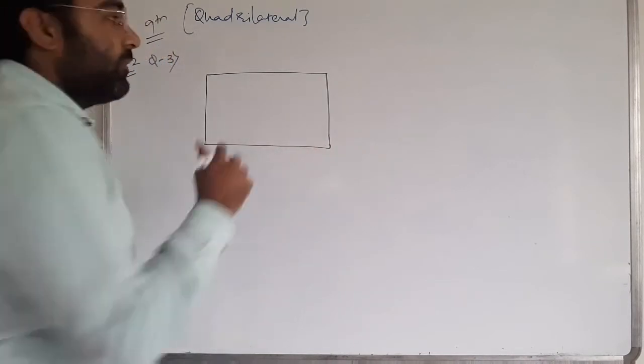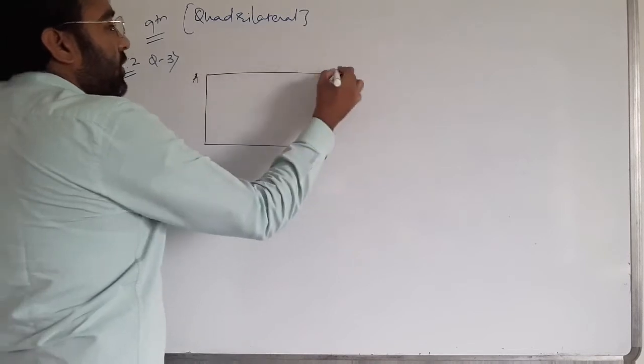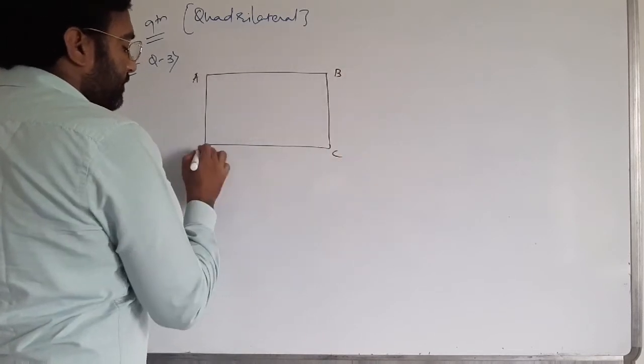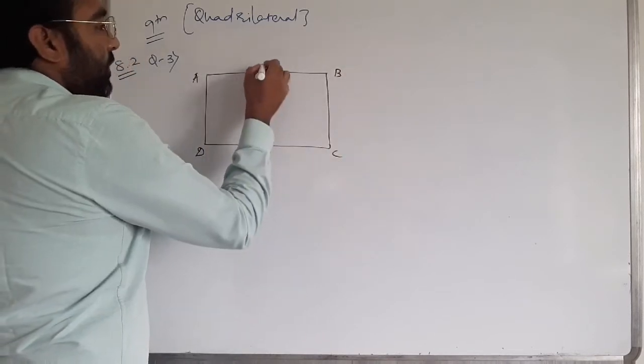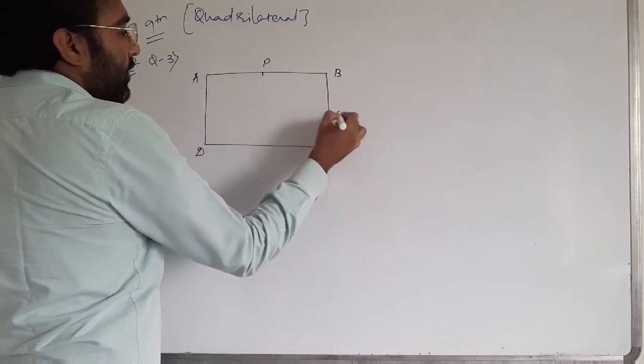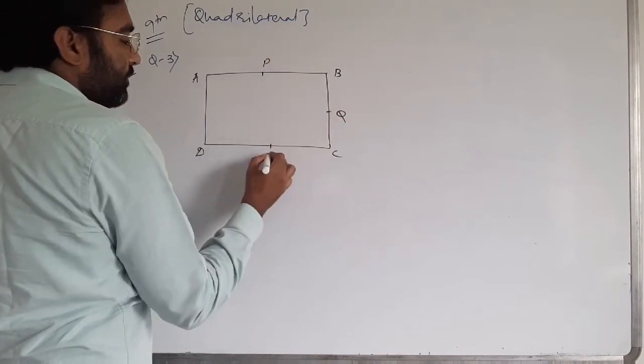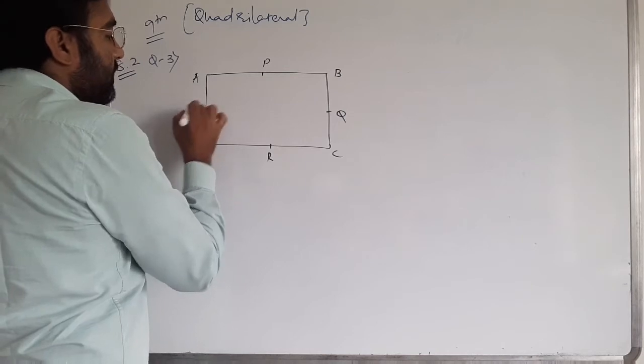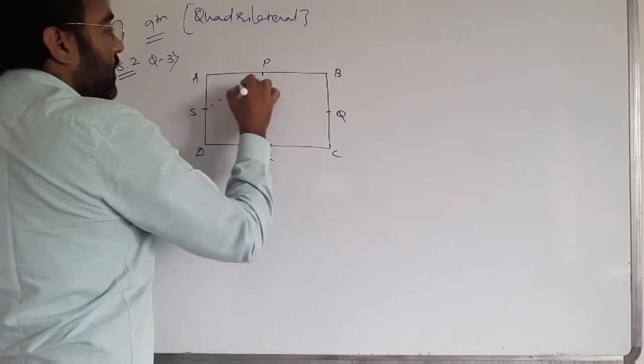We need to prove that PQRS, the midpoints of the sides, forms a rhombus.